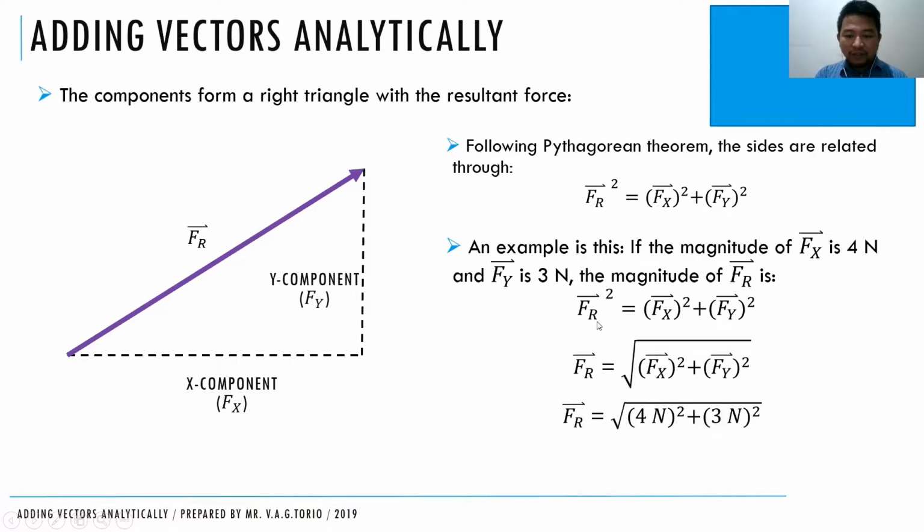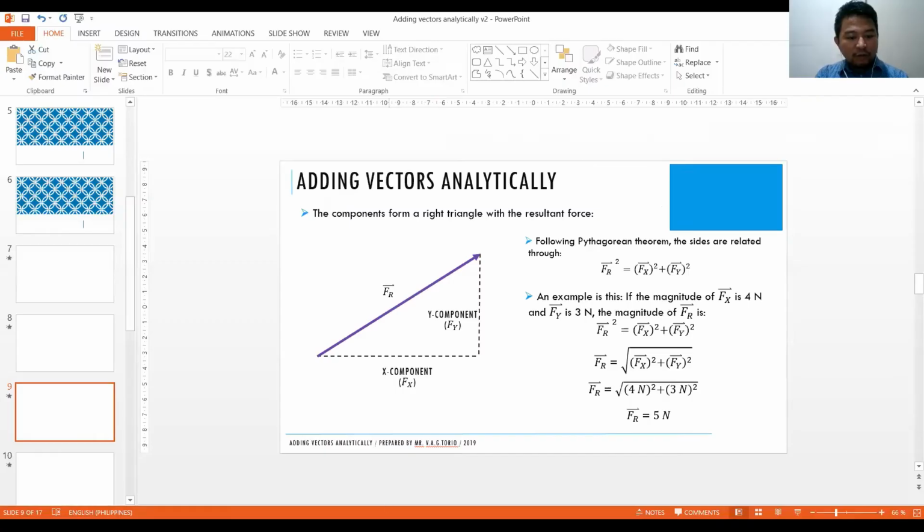Substituting the values, we'll be able to get 5 newtons. We can verify the value of our resultant force by using a calculator. That is, we substitute the values. The square root of 4 squared plus 3 squared will give us 5 newtons.